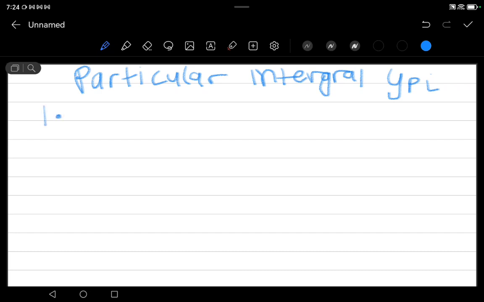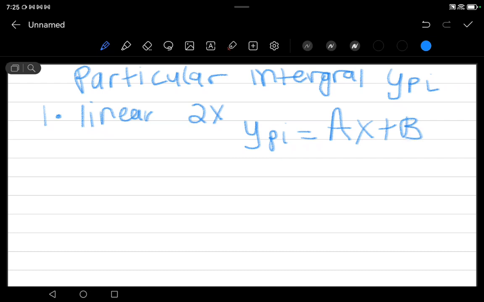Let's say your particular integral is 2x. This is how your YPI is going to look. You're going to write your YPI as ax plus b. If it's linear, it doesn't have a power here, it's just to the power of 1 only. So it's linear.